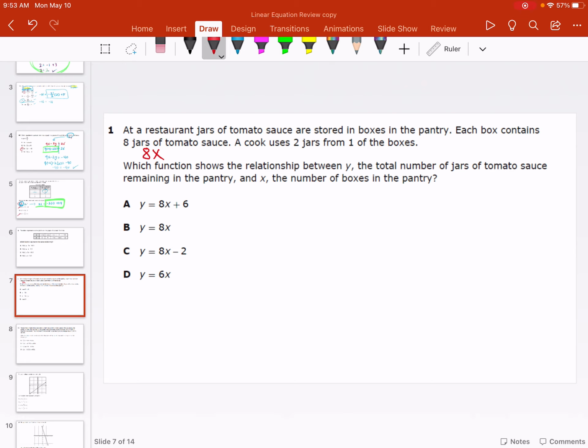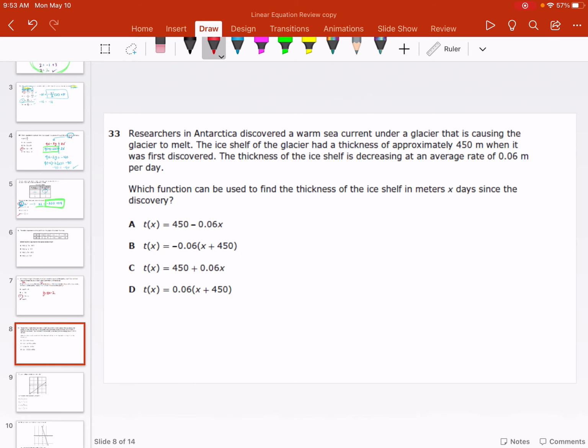So how many used? We don't know how many boxes there are, but each box is x. It has 8 jars, but the cook used 2, which means he took away 2. Which function relationship represents this? So y equals 8x minus 2. It's simple. It should have 8, it should have minus 2.